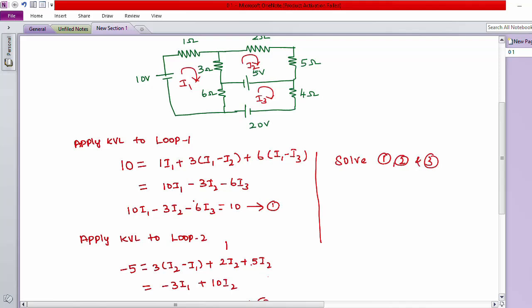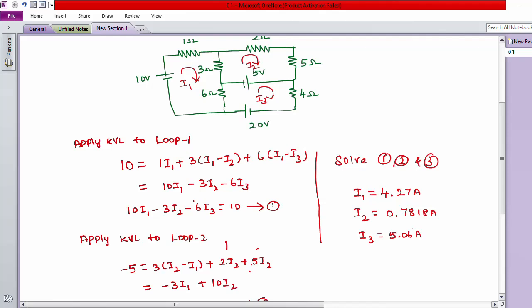If we solve these equations, we get I1 equal to 4.27 amps, I2 equal to 0.7818 amps, I3 equal to 5.06 amps.